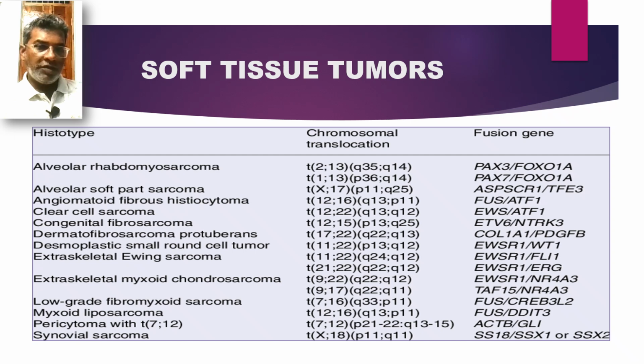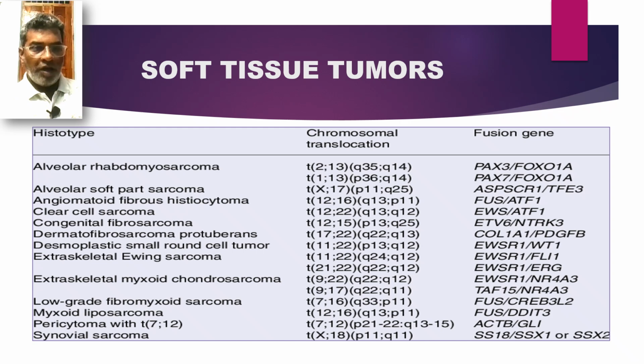Coming to soft tissue tumors. The soft tissue tumors involve alveolar rhabdomyosarcoma, alveolar soft part sarcoma, angiomatous fibrous histiocytoma, clear cell sarcoma, congenital fibrosarcoma, dermatofibrosarcoma protuberans or DFSP, desmoplastic SRCT or desmoplastic small round cell tumor, extraskeletal Ewing sarcoma, extraskeletal myxoid chondrosarcoma, low-grade fibromyxoid sarcoma, myxoid liposarcoma, pericytoma with the t(7;12), that is translocation 7;12, and synovial sarcoma.